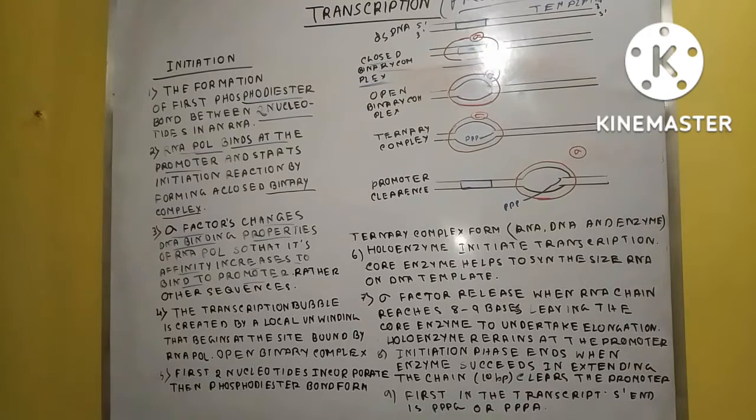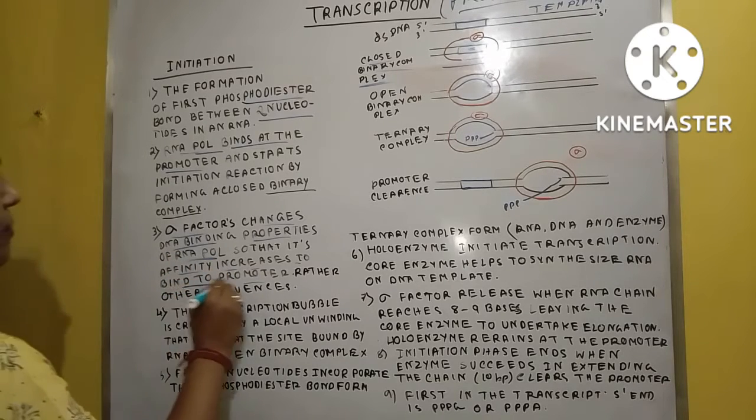In the third part, what is the role of the sigma factor? It changes the DNA binding properties of the RNA polymerase, so that its affinity to bind to the promoter region increases.